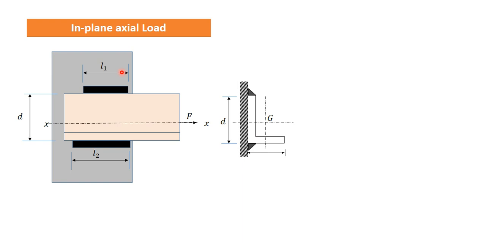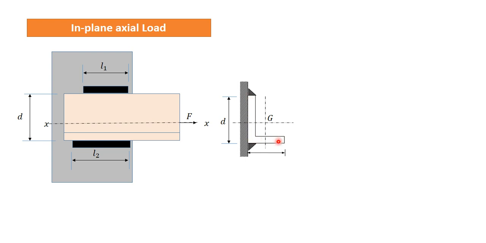In this case we assume that we are applying this load axially, that is, along the centroidal axis of the member which we are welding. So this is the member that we are welding, an L-shaped member.